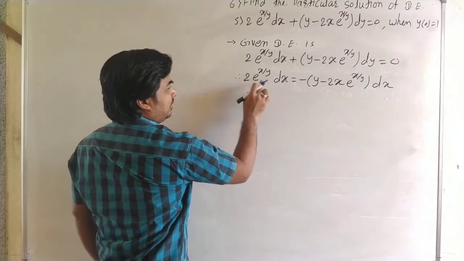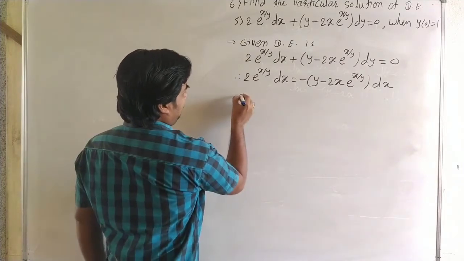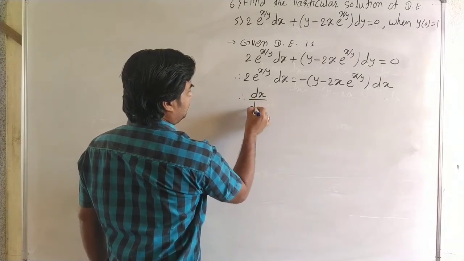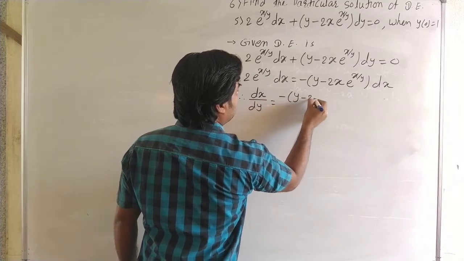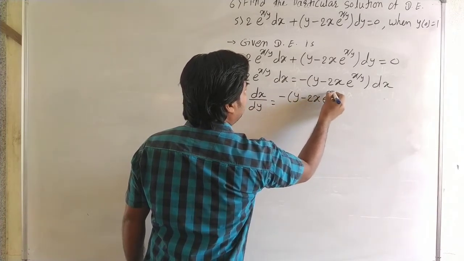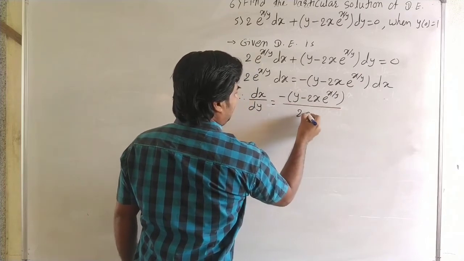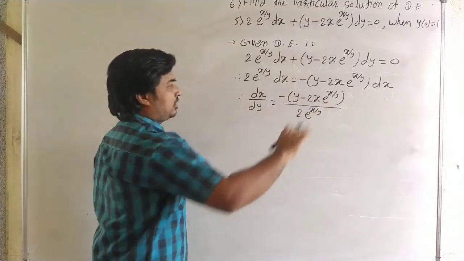So dx upon dy is equal to minus y minus 2x into e to the power x by y upon 2 e to the power x by y. Okay, now it is our differential equation.